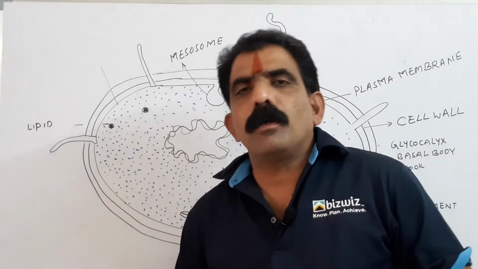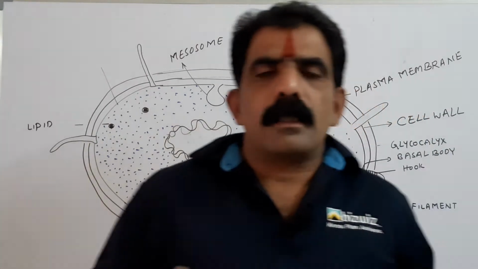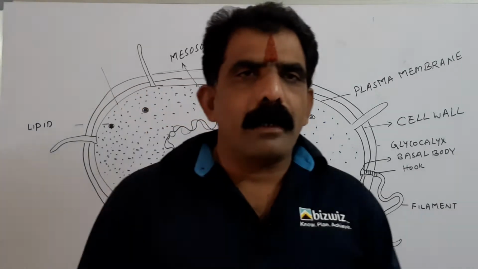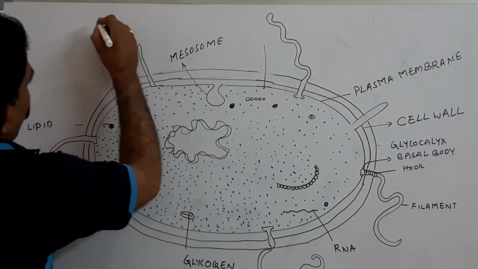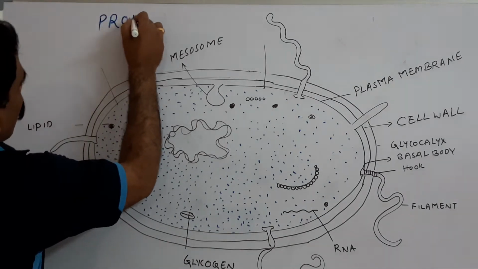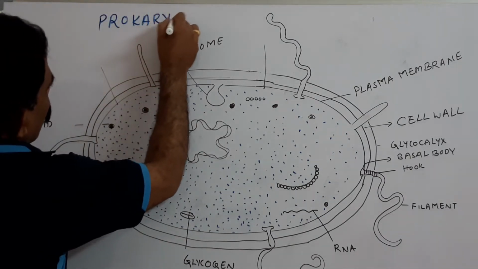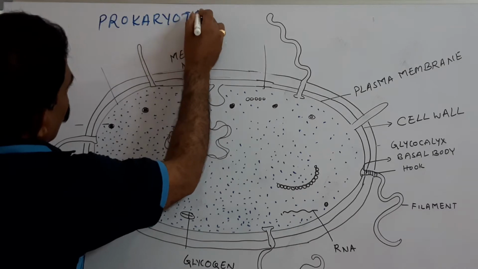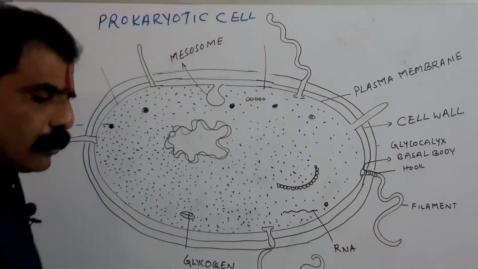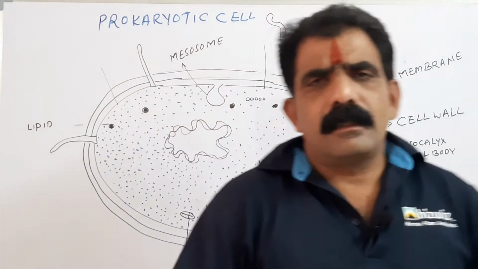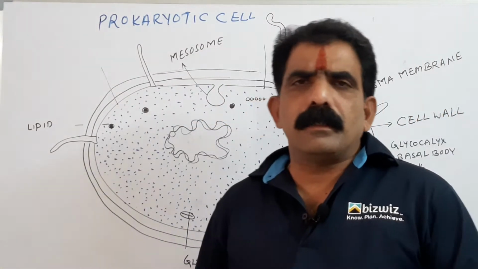In this session, I am going to discuss the ultrastructure of a typical prokaryotic cell. Bacteria is an example of a typical prokaryotic cell.